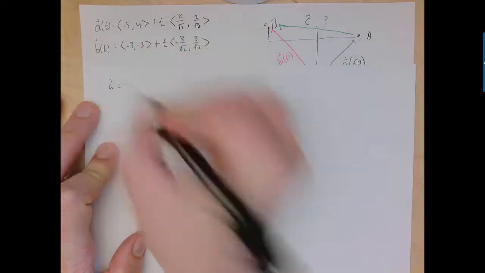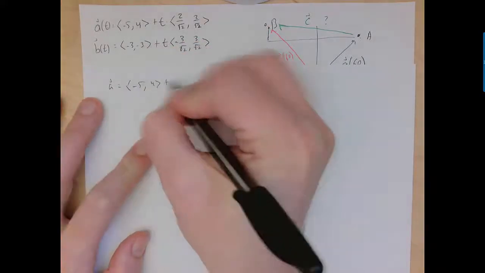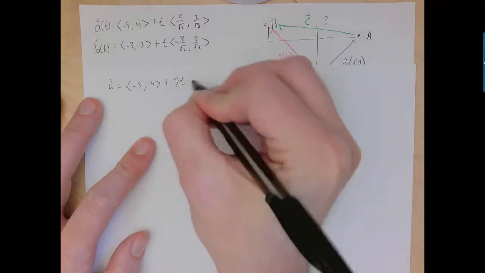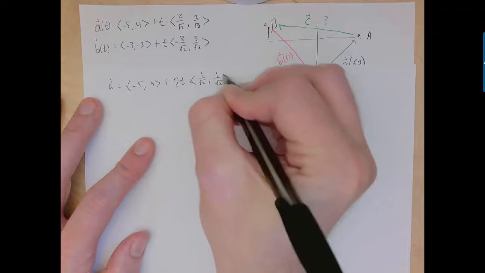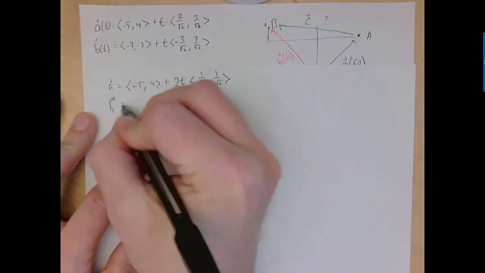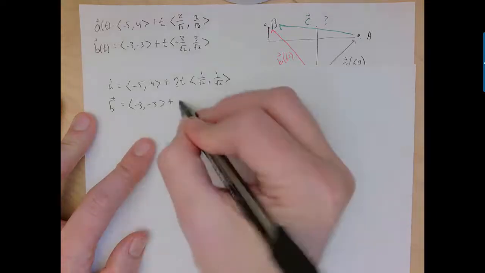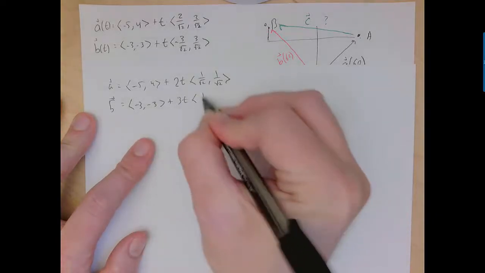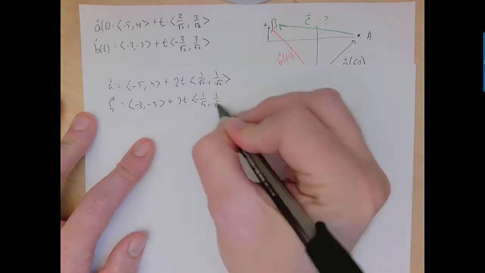So if I wanted to, I could rewrite this as negative 5, 4 plus 2t times 1 over root 2, 1 over root 2. And here b could be negative 3 plus 3t times negative 1 over root 2, 1 over root 2.